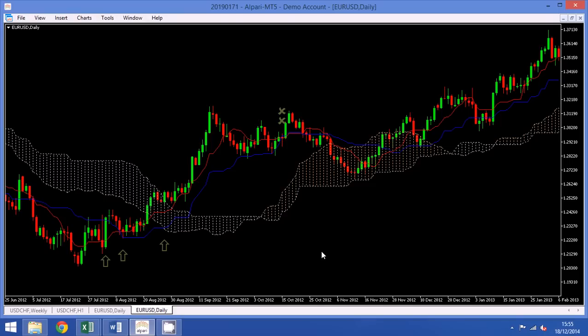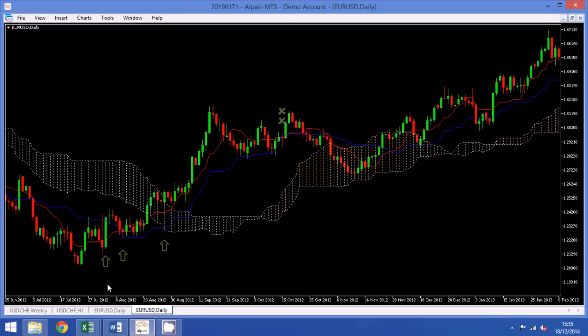Ichimoku is designed to keep traders on the right side of the dominant trend and to hold on to this trend for as long as possible until it's clear that it's changed direction. So what I wanted to do in this analysis is to find out how well Ichimoku follows the trend and whether it can be traded on a simple automated basis.